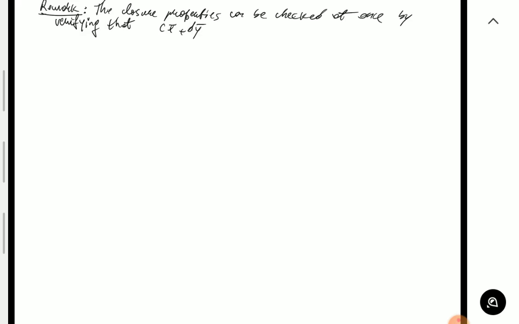The closure properties can be checked at once, so both of them, by verifying that cx plus dy is in V for every x, y in V, and every scalar c and d. In other words, if it's closed under linear combination, you don't have to check those two properties separately.